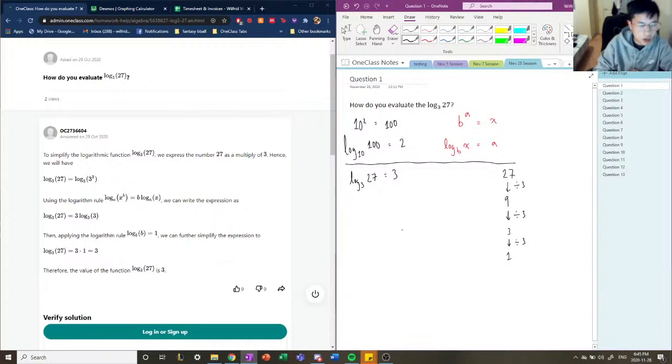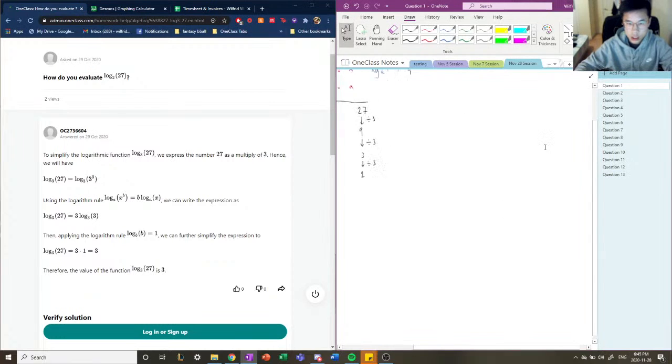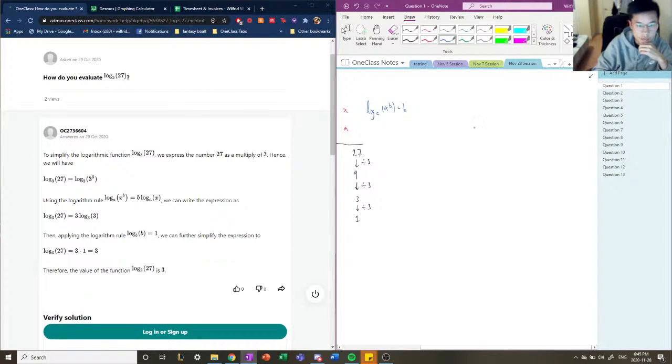So the junior tutor used logarithmic rules to calculate this, so we're going to go through that too. The first logarithmic rule is the logarithmic rule of powers, which suggests that we can write the log of base a of x to the power of b as b times log base a of x.